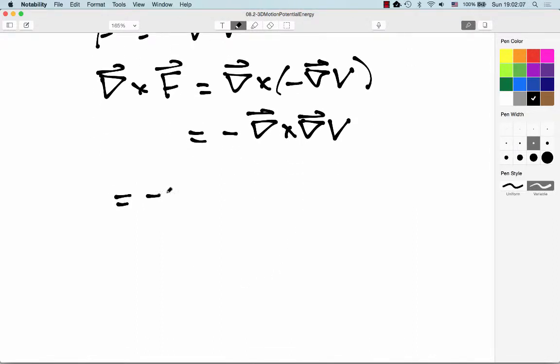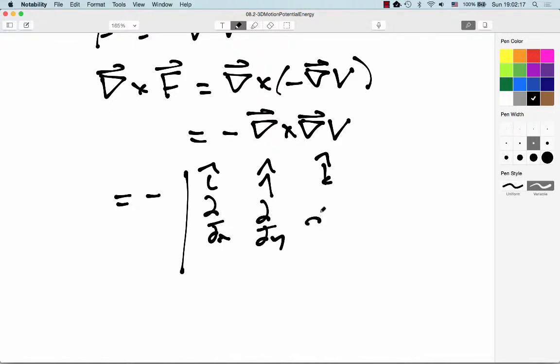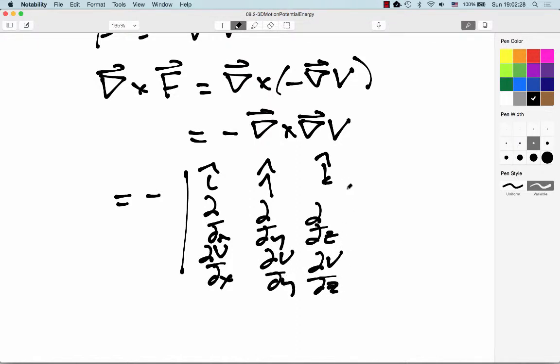This will be equal to the negative of the determinant with i, j, k, partial x, partial y, partial z, and then for the xyz components, partial V partial x, partial V partial y, partial V partial z.